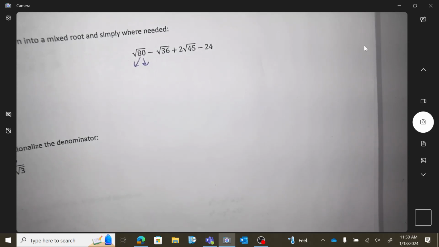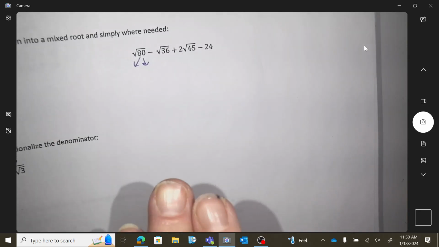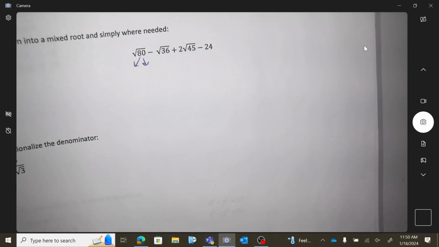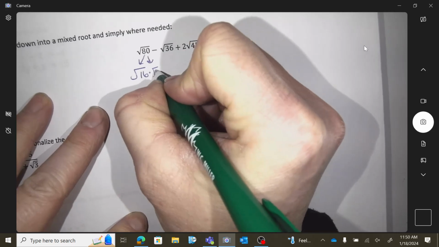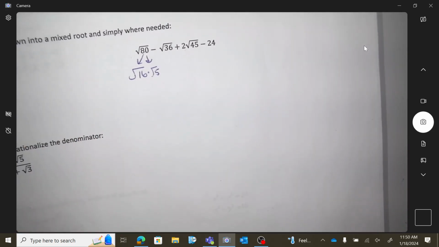And I want to pick the largest one I possibly can. So for instance, 80 is divisible by 4, but I don't want that one because I can go bigger. Do you know which one it would be? 16. 16 times 5 is 80. So now I just put that into radicals.